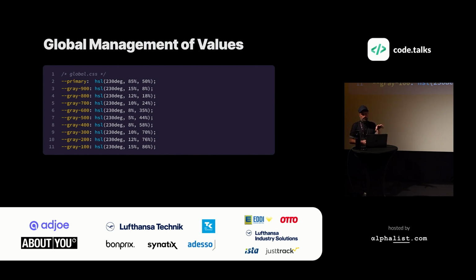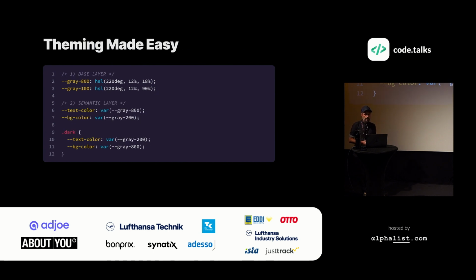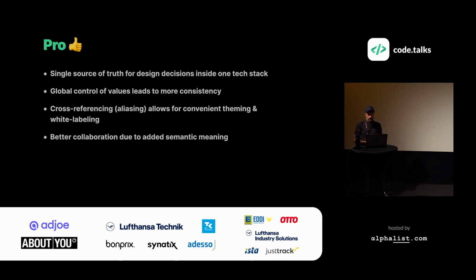Also, we can manage our values globally, and by establishing an architecture where we reference our values and apply meaning to them, we can create themes quite easily by just switching values for a specific theme. So, benefit, we now have a single source of truth for our design decisions. I'll explain this term later on.